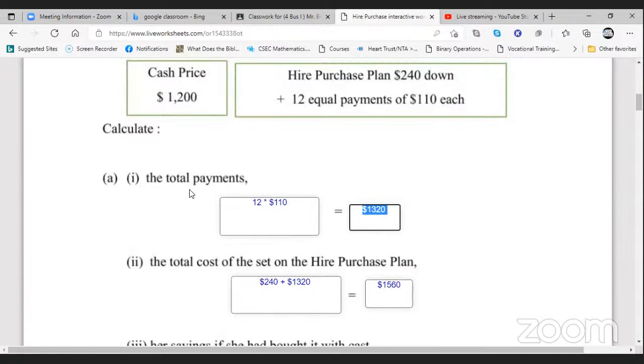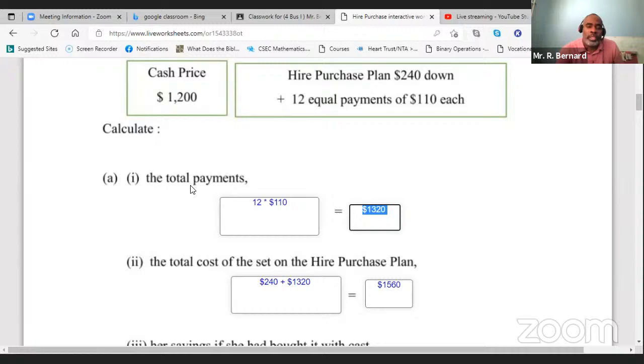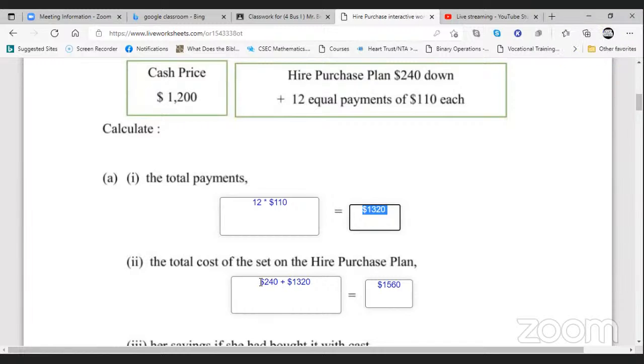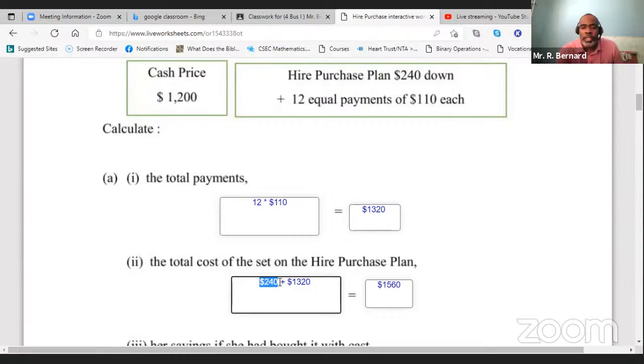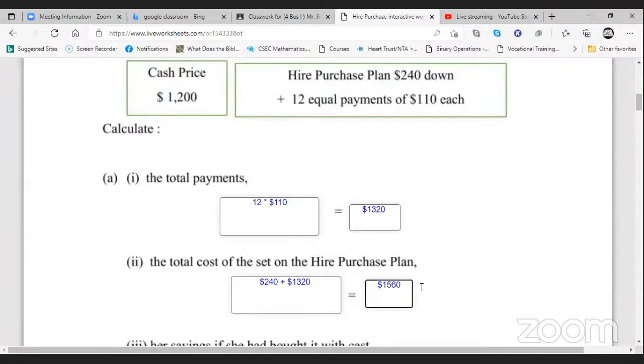And how we calculated the total installment was to multiply the number of months given times how much was paid each month. And we got this. Now the total cost of the set on the hire purchase plan, you have to add the down payment, which is 240, to the total payments, and you will arrive at the total cost. Okay, sir. Thanks. You're welcome, sir.